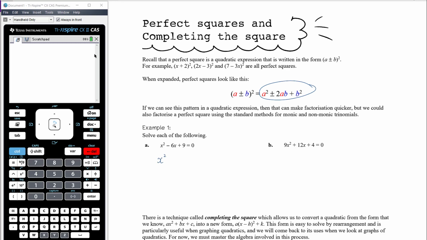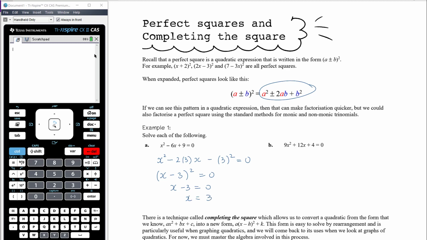So x squared, here we have minus 2 times 3 times x, and then this is 3 squared at the end here. And so what we have is that perfect square pattern, which means it is x minus 3 all squared. And so therefore x minus 3 equals 0, so x equals 3.